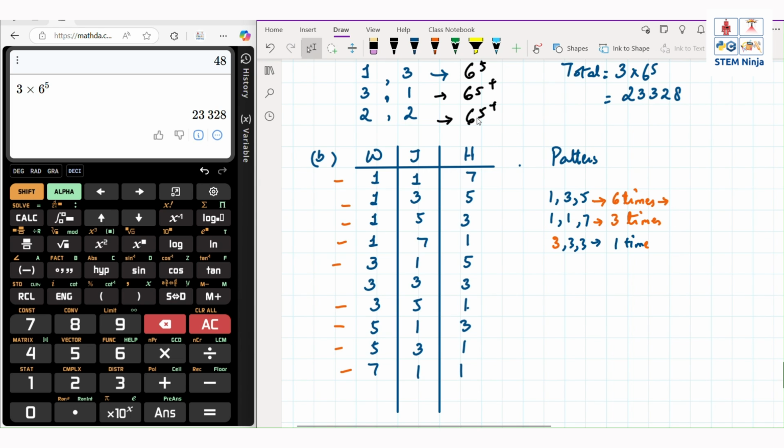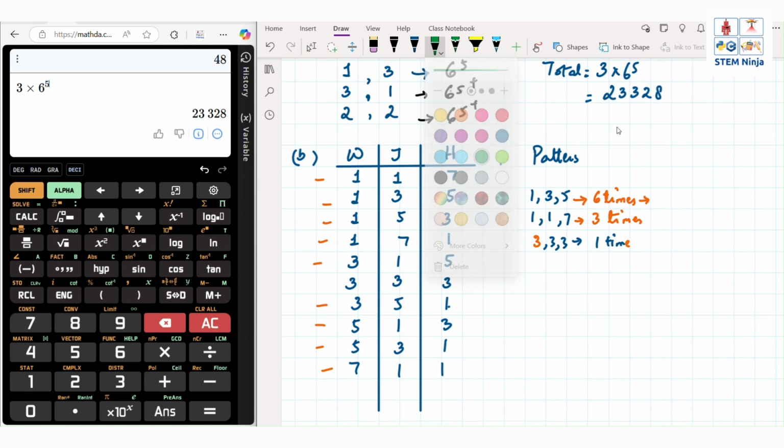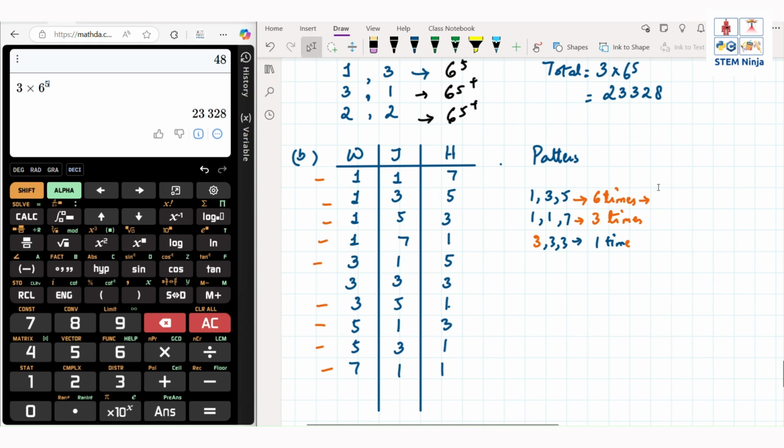Okay, now we write the exact combinations. So 9C1 times 8C3 and then 5C5.